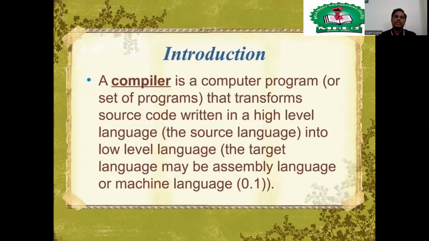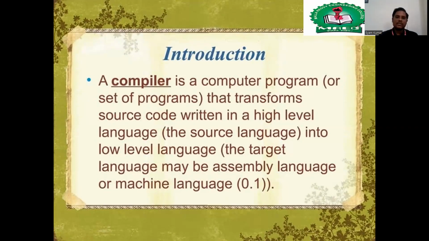So what is a compiler? First of all, a compiler is a translator. To translate, a high-level language is converted into assembly language or machine understandable language. A compiler is a computer program that transforms source code written in a high-level language into a low-level language, which is the target language.